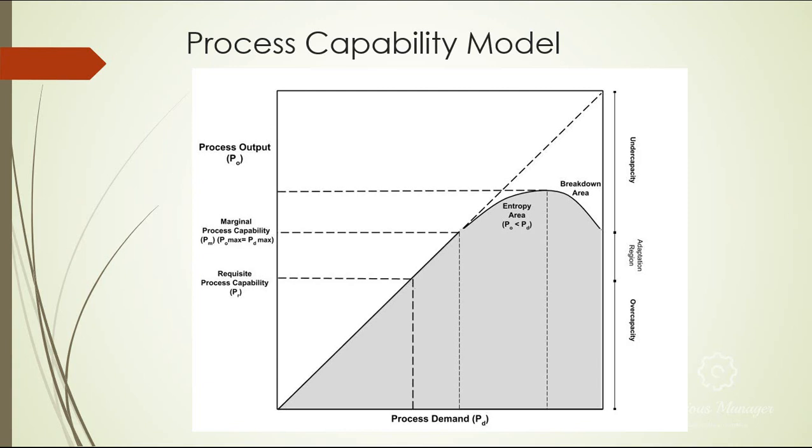Now, as we continue, you can see how we're still going up and up until we get to the next point, which is the marginal process capability. And this is the greatest point at which we can still match the demand of the work domain.